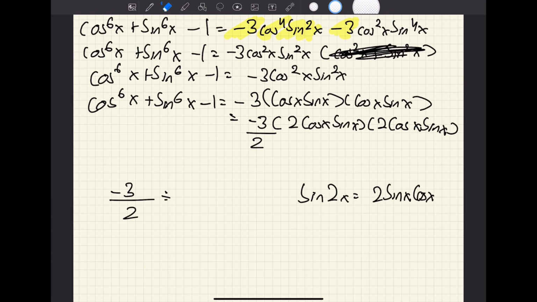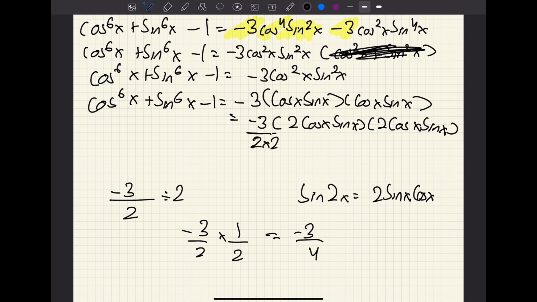You can manually put this in your calculators, but you should know that when you divide by something, you take the reciprocal, so that would be equal to minus 3 over 4. So we can write minus 3 over 4, and let me get rid of this and rewrite it again, minus 3 by 4.